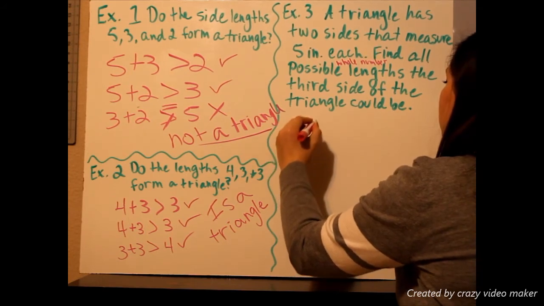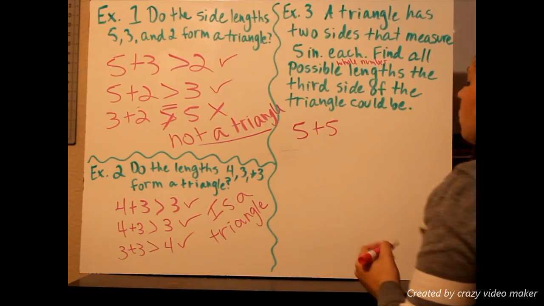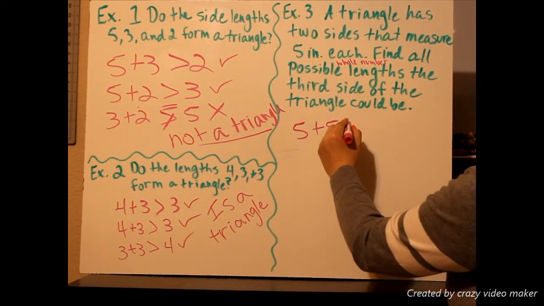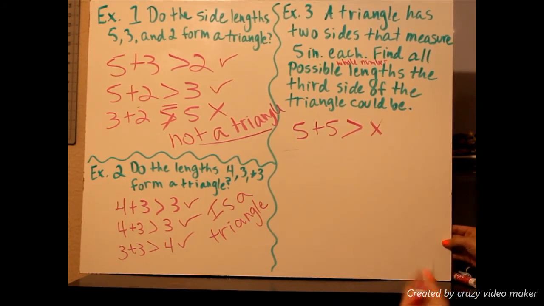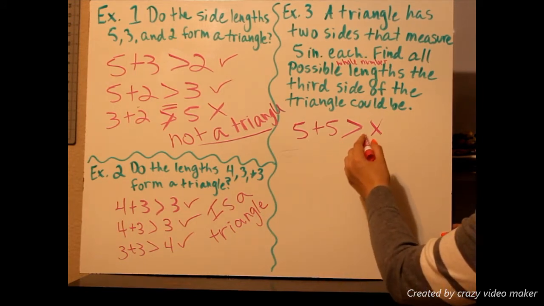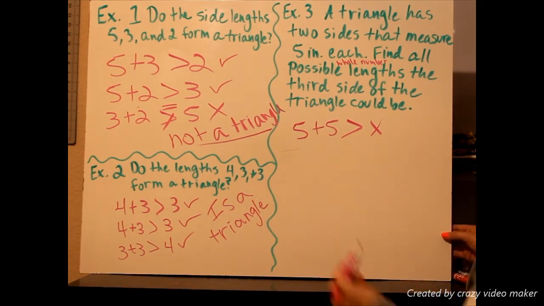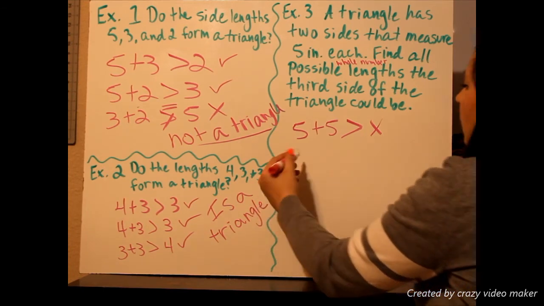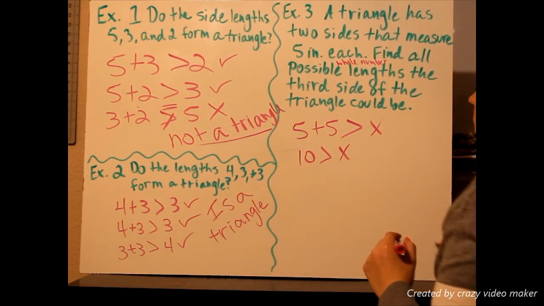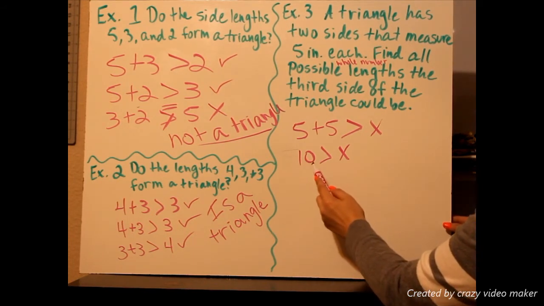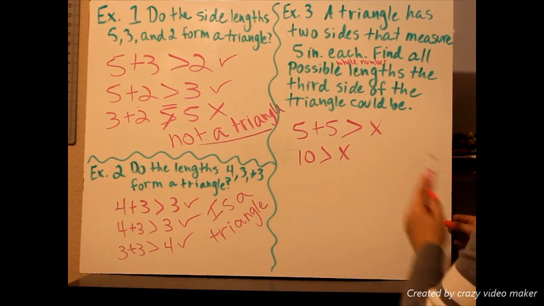So we know 5 plus 5, the two sides we know, has to be greater than the other side we don't know. We're calling that x. So we know that 5 plus 5 has to be greater than some number x. Well, what is 5 plus 5? That's 10. So we know that 10 has to be bigger than the third side.